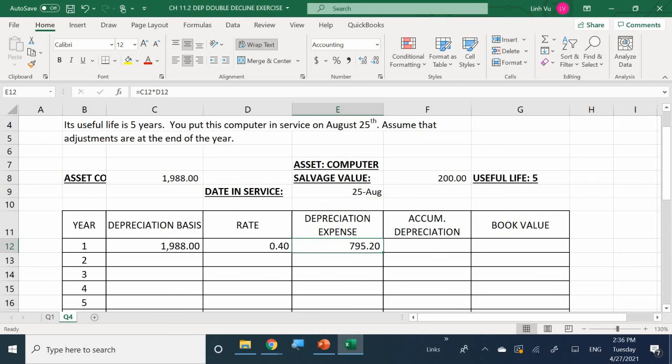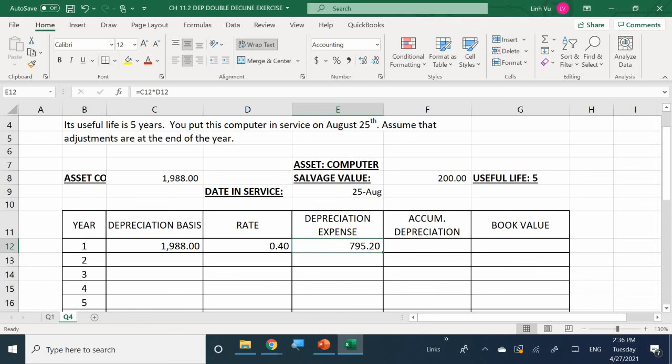In other words, if you don't want to do it that way, you could multiply the depreciation basis by the rate, then multiply by 4 and divide the whole thing by 12. You should get the same answer.